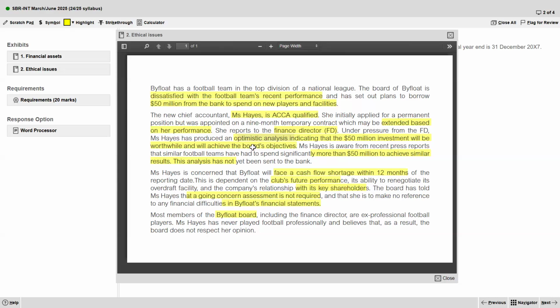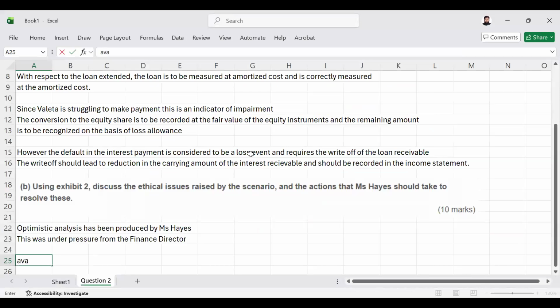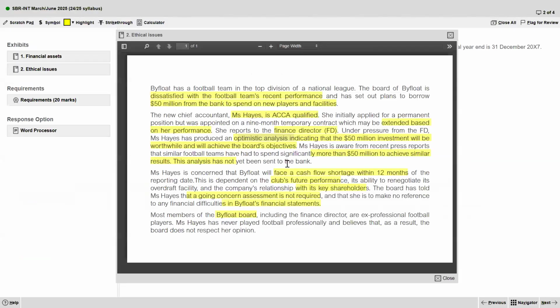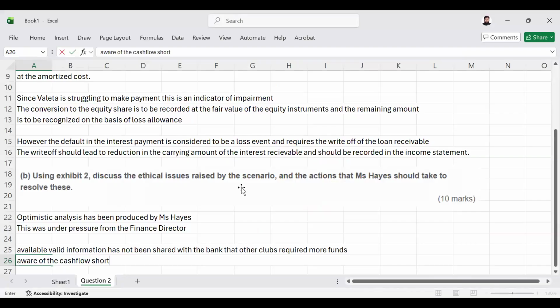The available valid information has not been shared with the bank, that other clubs required more funds. She is aware of the cash flow shortage in the next 12 months.